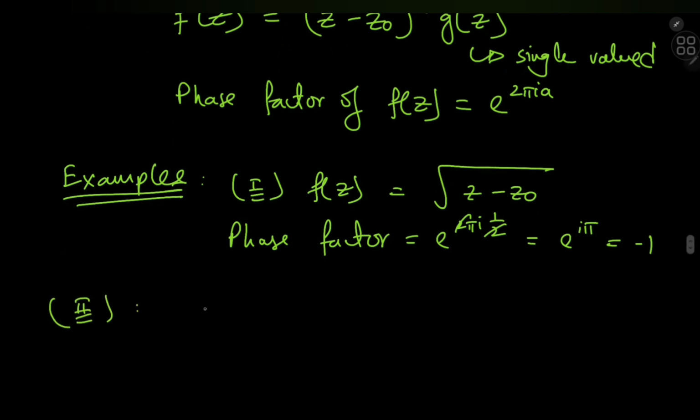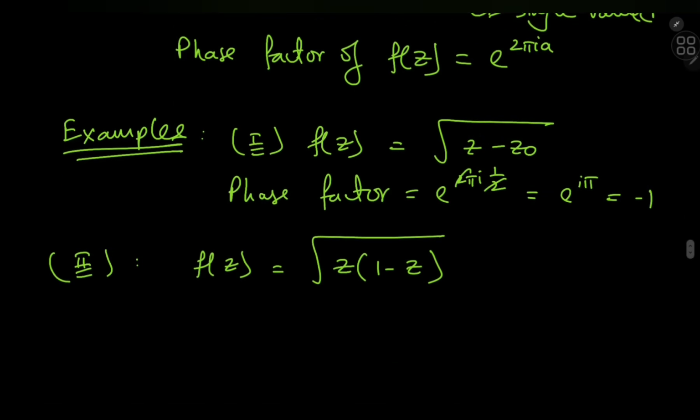Now let's look at a few more examples. Let me start with the function f of z defined as square root of z times (1 minus z). How exactly can we define this function to be single-valued and continuous?